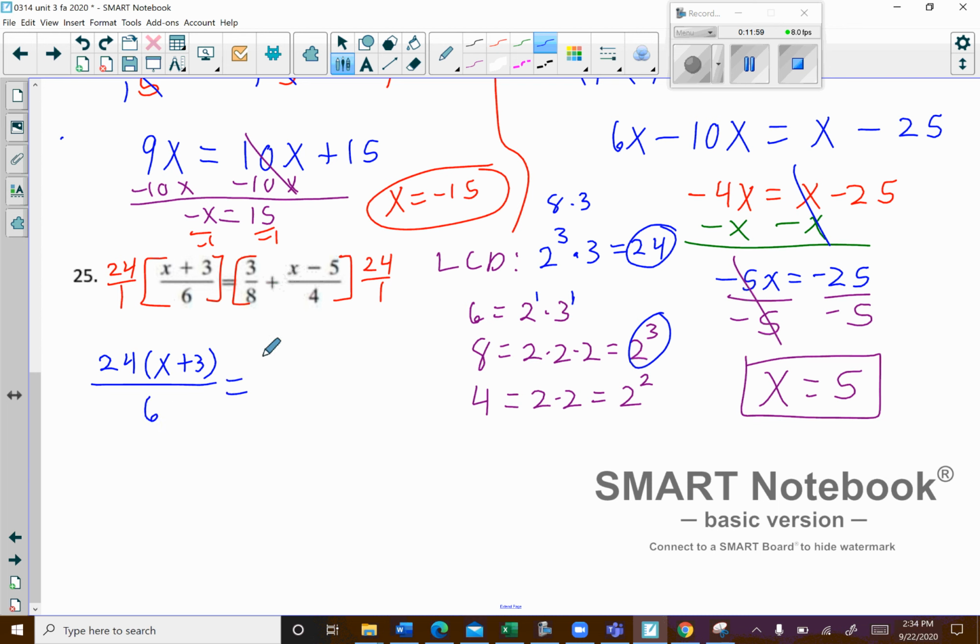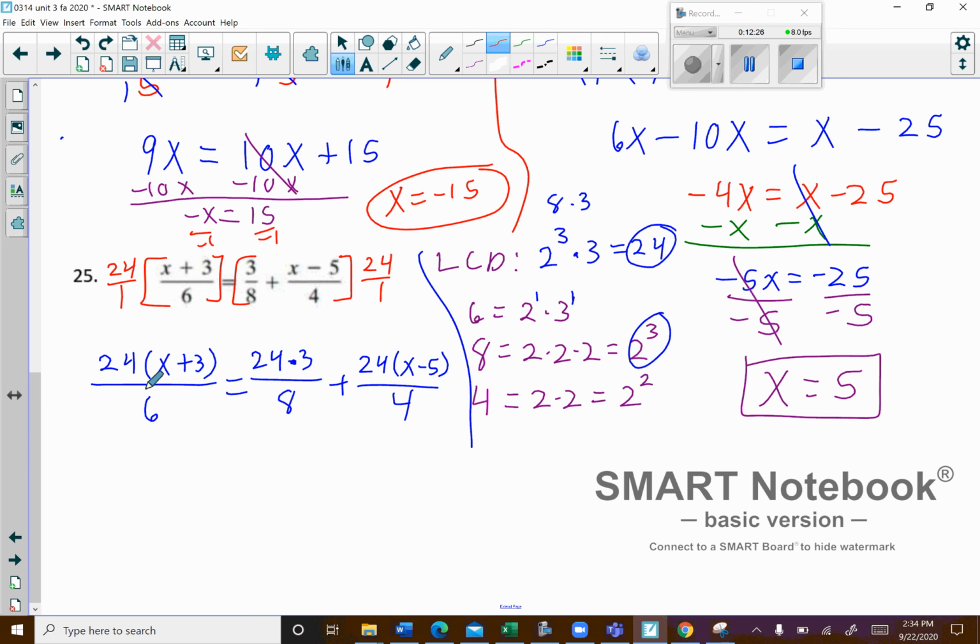And then equals, I'm going to have 24 times 3 all over 8, and then plus 24 times x minus 5, and then that's all over 4. Okay, so all I've done so far is multiply all my numerators by the LCD, which was 24.